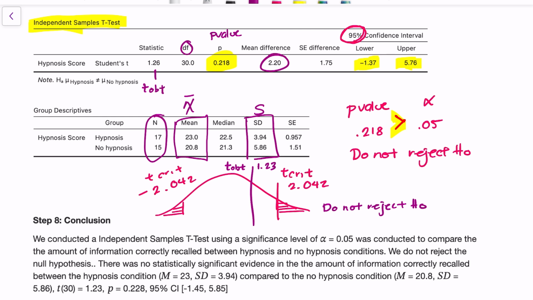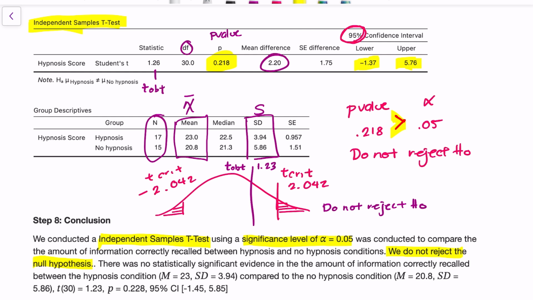Okay, from here I have all the information that I need. I usually start with the name of the test. So I did an independent samples t-test, the significance level that I use, and a little story about what you were comparing, like what were the two different samples that you were looking at. We decided not to reject the null hypothesis, so that's the next thing we have to say. Do not reject the null hypothesis.